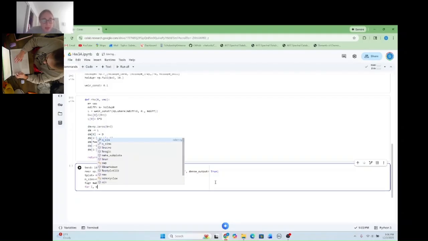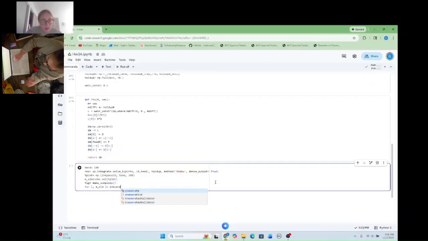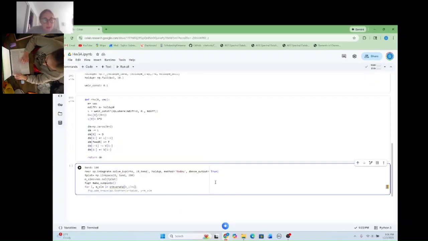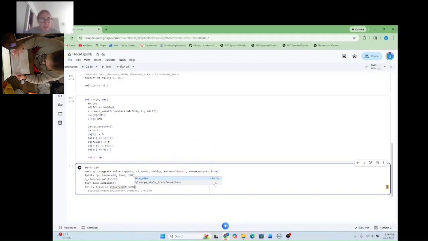We want to put it as m_sim, right, in, and then we want to enumerate this. And then in parentheses, we have to put m, or solution, which is m_sims. So it's m_sim, and then it's m_sims.